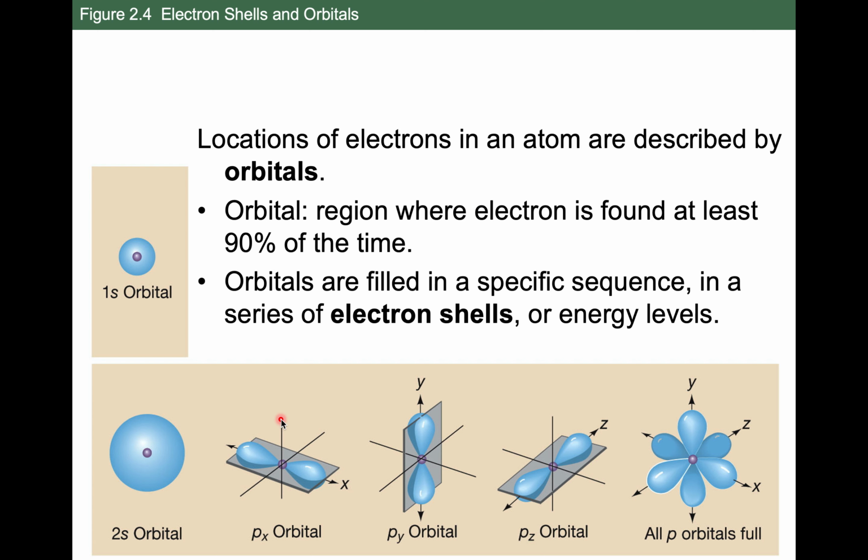So while we're talking about these electrons, let's talk for just a second about the idea of electron orbitals and electron shells. Orbitals are defined as the region in an atom where electrons are going to be found at least 90% of the time, where they're spending most of their time.